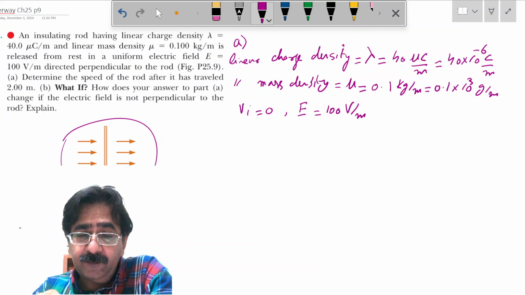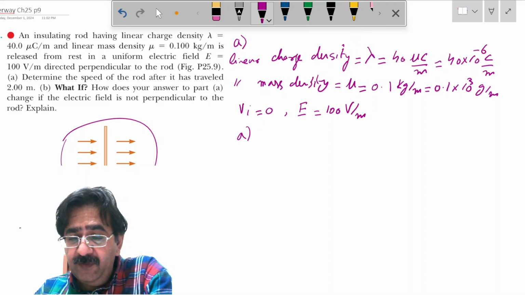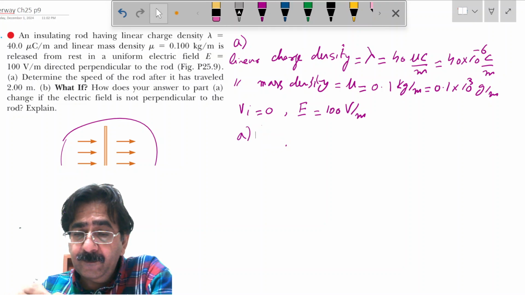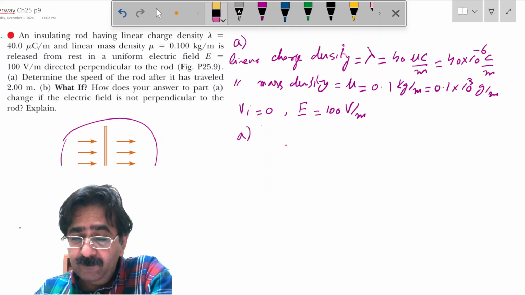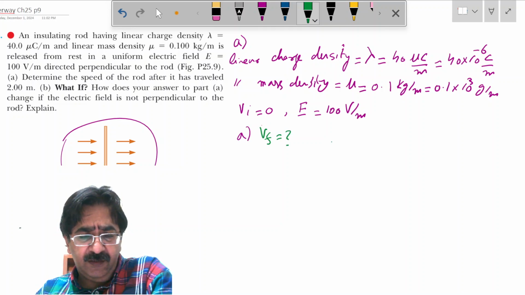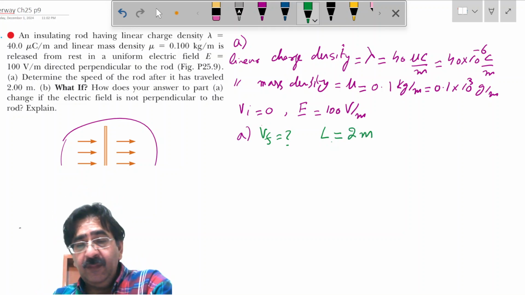Determine the speed. Part A is to determine the speed. Vi is given, so we have to find Vf, when the distance traveled is 2 meter. Okay.